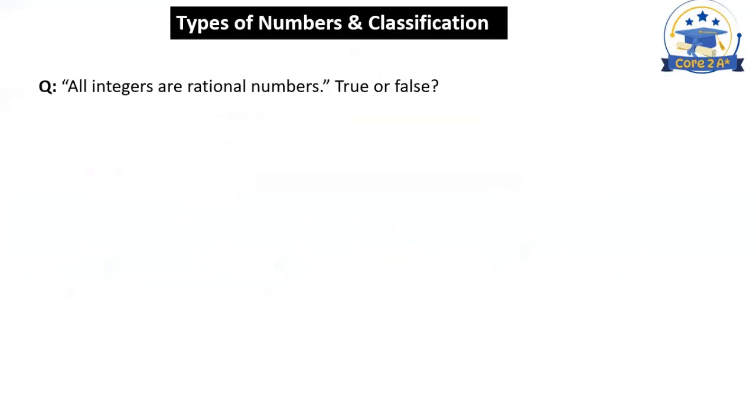Moving to the next. All integers are rational numbers. Is it true or false? We have to figure out. So first you should know what integers are. In the middle we have 0, and all the positive numbers on the right hand side of the 0, and all the negative numbers on the left hand side, right?